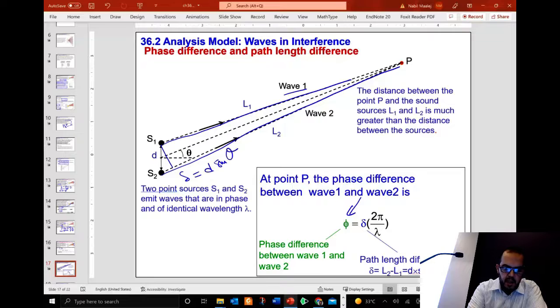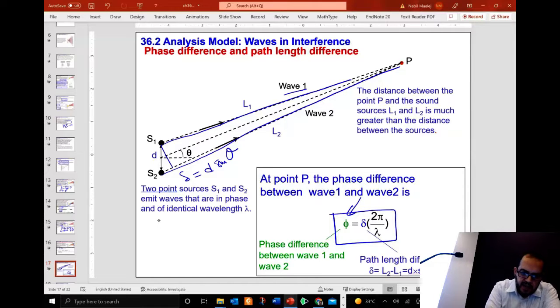If we know lambda and delta, we can determine the phase difference, and we can use this equation: the phase difference between the two waves is equal to delta times 2 pi over lambda.